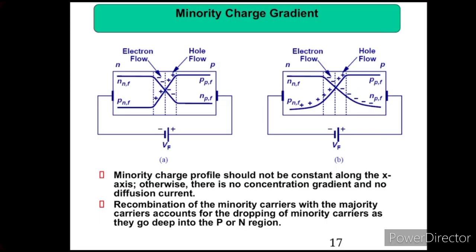Similarly, the minority charge profile should be constant along the x-axis, otherwise there is no concentration gradient and no diffusion current. Recombination of the minority carrier with the majority carrier accounts for the dropping of minority carriers as they go deep into the P or N region.